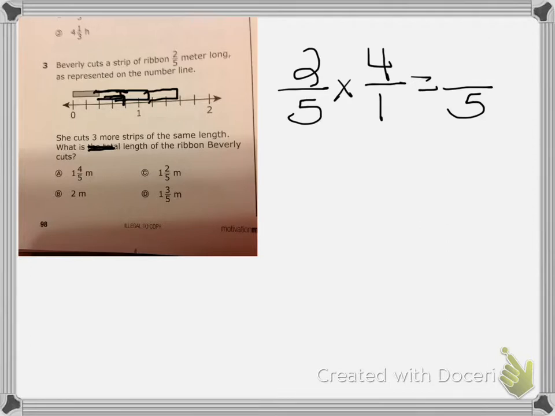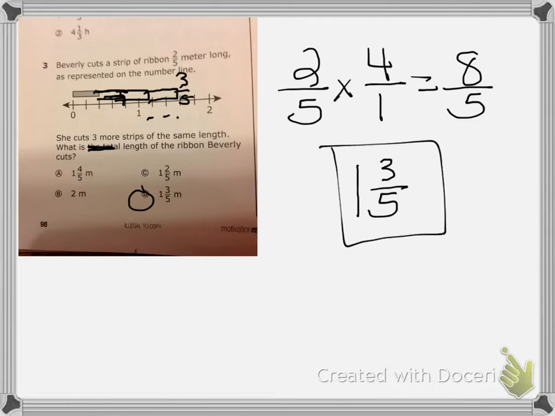Okay? And so 2 times 4 is 8, and 5 goes into 8 one time with 3/5. And so the answer would be D. And if you looked at it, 1, 2, 3/5 right there. So 1 3/5, okay? That's where you got to pay attention. She cut 3 more in addition to the ones she already cut.